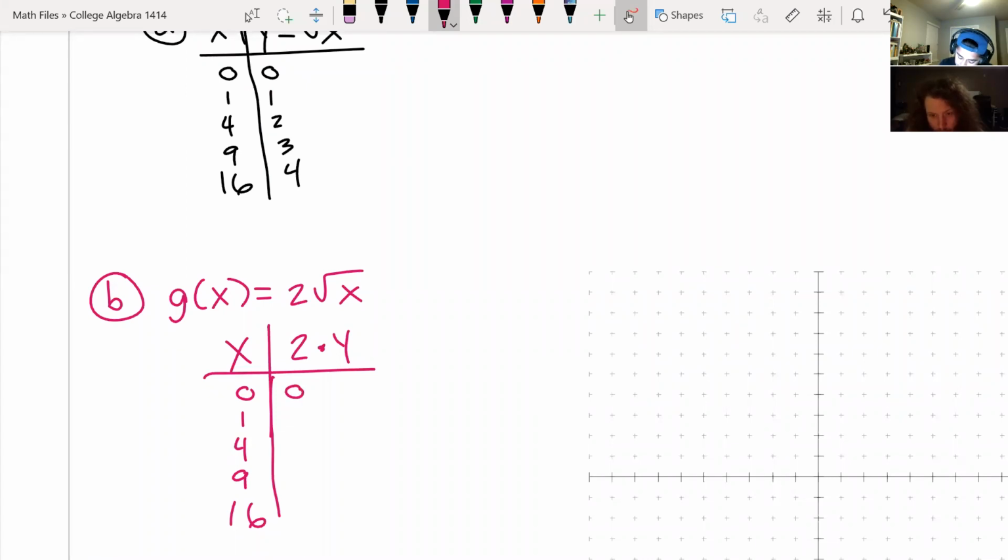So you'll get 0, 2, 4, 6, 8. And there you go. There is the vertically stretched 2 square root of x. So this is a vertical stretch by 2.